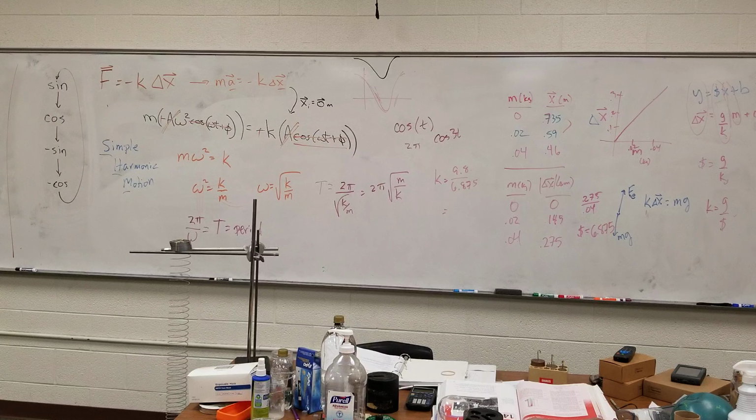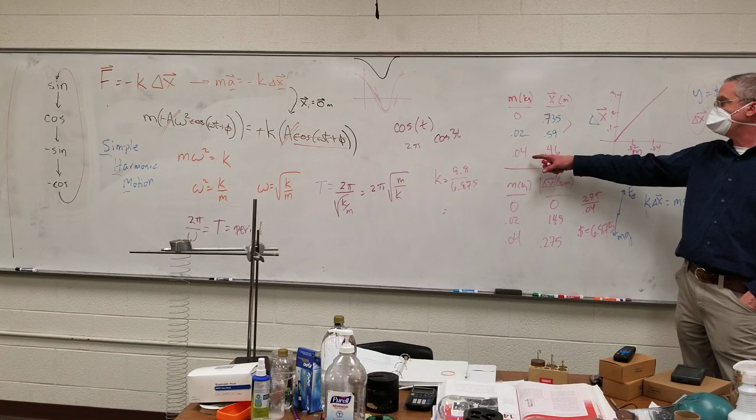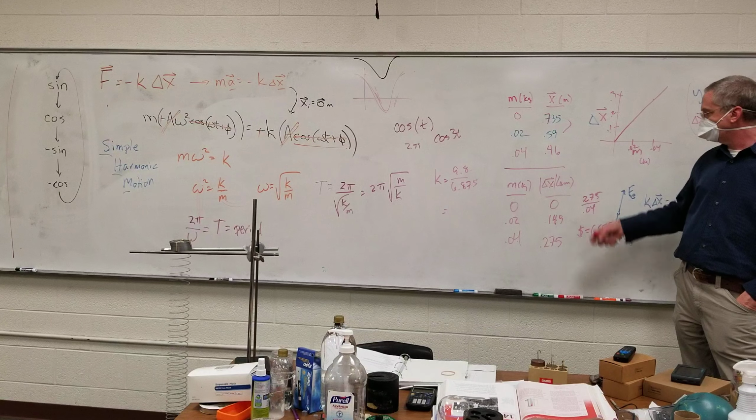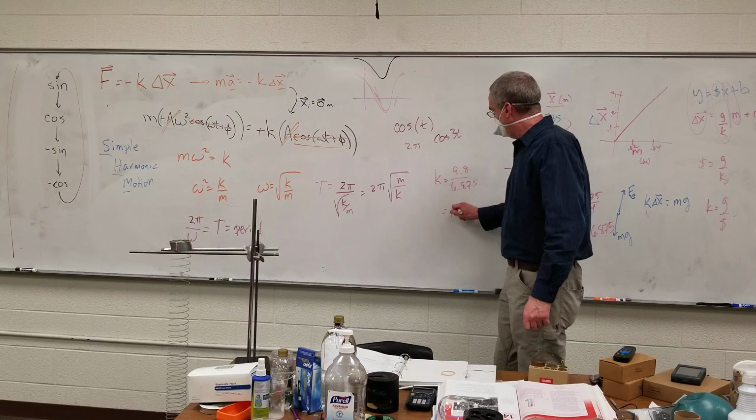Because we were about to get an answer that was somewhere close to 70 newtons, and I thought, there's no way I need 70 newtons to stretch this thing 1 meter. Considering it only took about 0.4 newtons in order to stretch it a third of a meter. 1.425 newtons.